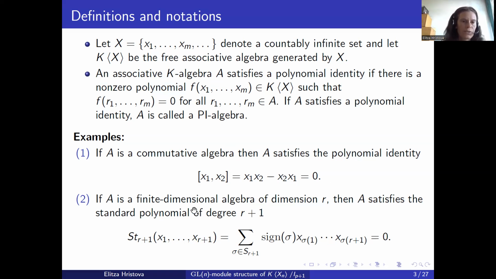Also, finite dimensional algebras are PI algebras, because it is not difficult to see that if A is of dimension r, then A satisfies the standard polynomial of degree r plus 1. So these two are the first basic examples, and they somehow suggest that PI algebras are generalizations of both commutative and finite dimensional algebras.